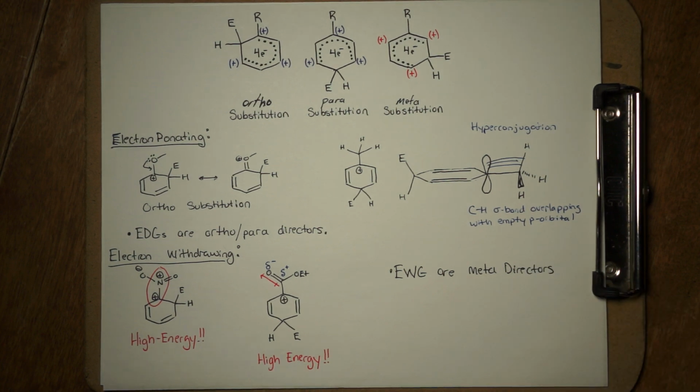Meaning that they will direct substitution primarily to the meta position. Right? In the next video, we're going to take a closer look at the energy diagrams for all of these different pathways and try to compare them from reaction to reaction to reaction.